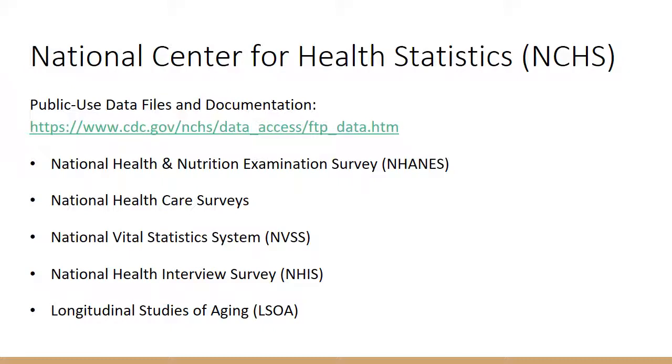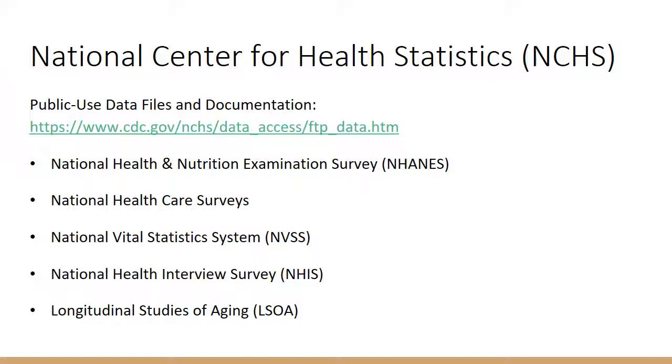Another area you may want to look is the National Center for Health Statistics, or the NCHS. So this is through CDC. On the website I have linked here, cdc.gov/NCHS/data_access, they have public use data files as well as documentation for how that data was collected.